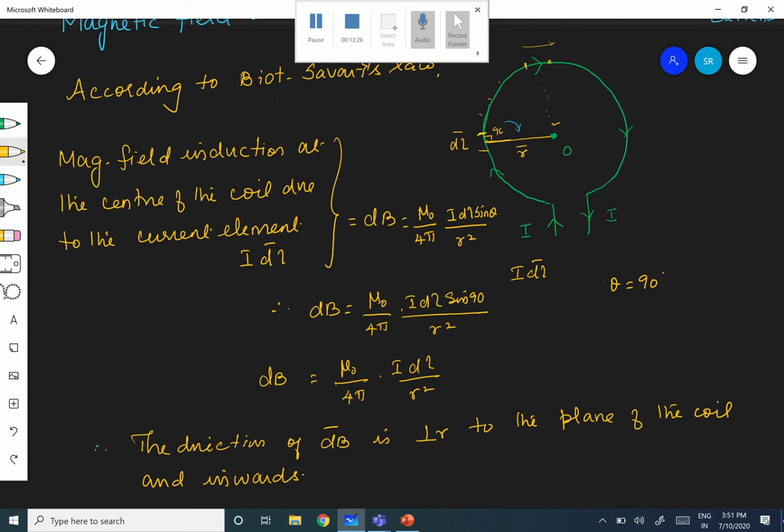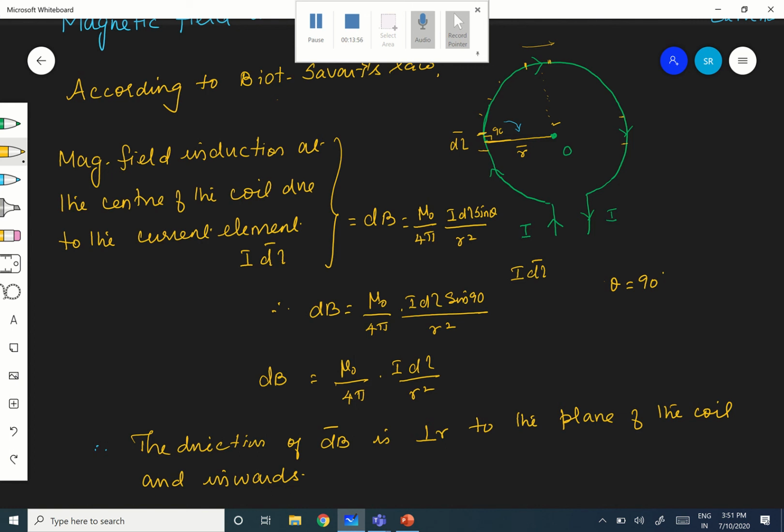Then you take dl here, and once again apply and see. There is also Maxwell's right hand rule. If you hold the current carrying conductor in the grip of your right hand such that the thumb shows the direction of the current, then the curvature of the fingers shows the direction of the magnetic field.